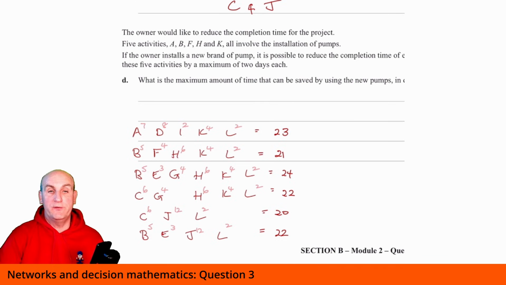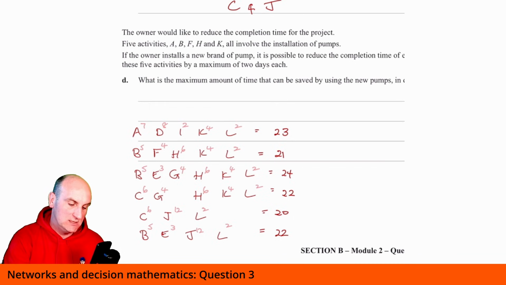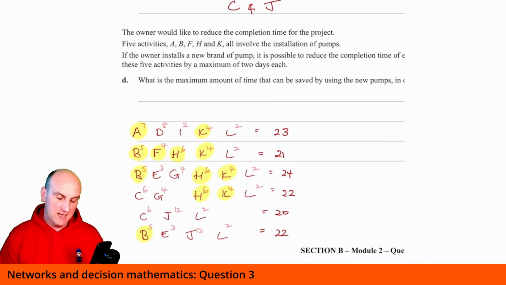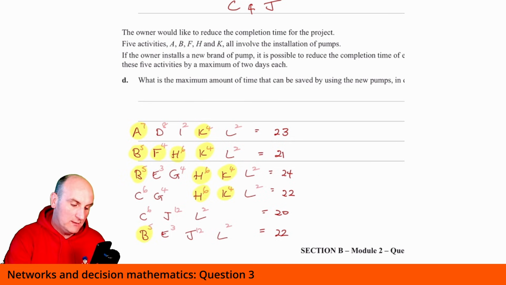All right, so having worked all of those out, this is where I start to crash the activities A, B, F, H, and K. So what I tend to do now is I highlight A, B, F, H, and K. Okay, right. So those I can bring down, and I do a little bit of a table.